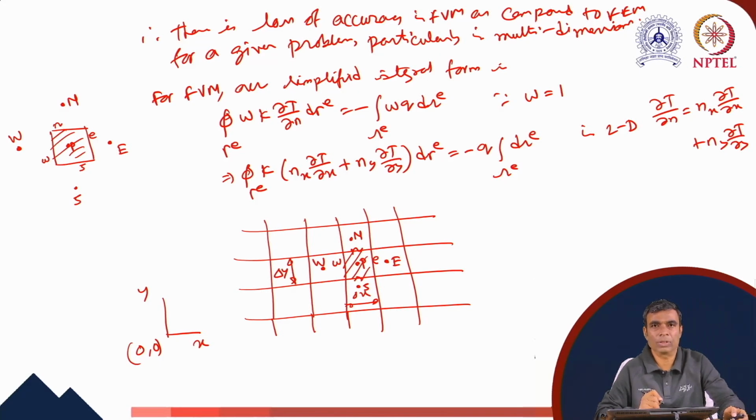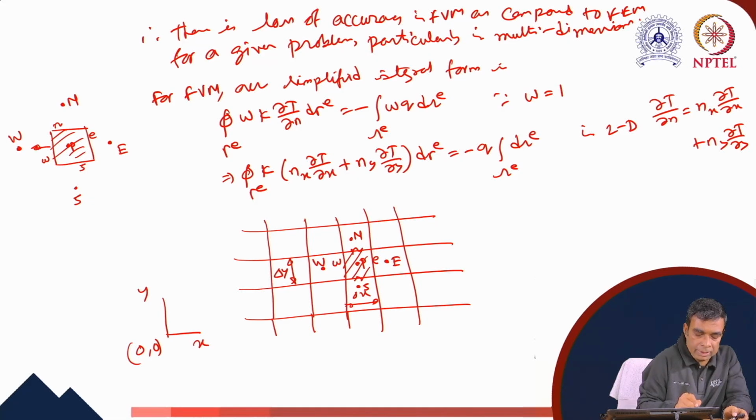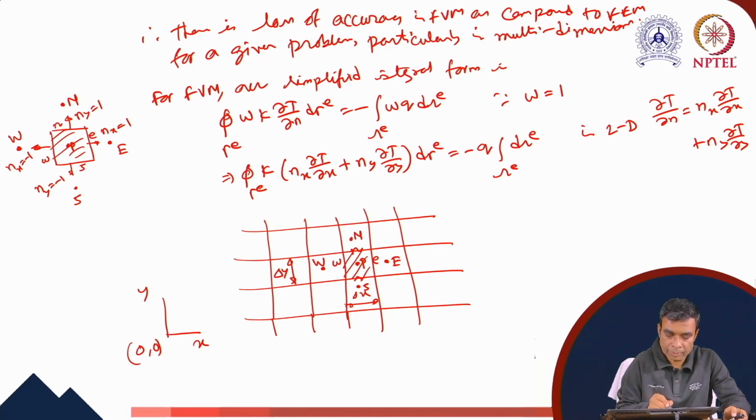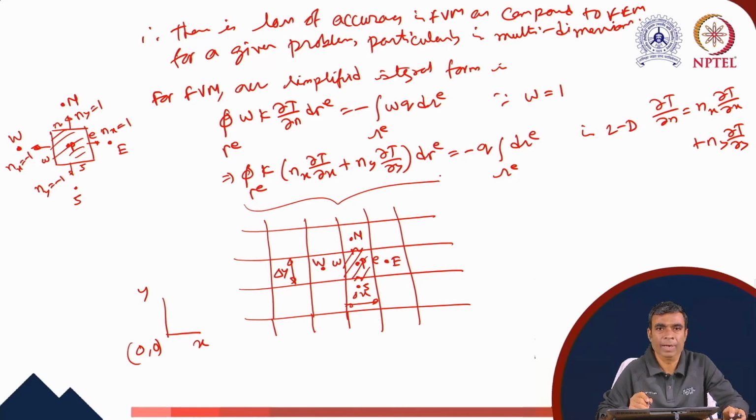Now across all faces we have the unit normals. Here nx equals 1, here ny equals 1, here ny equals minus 1, here nx equals minus 1.